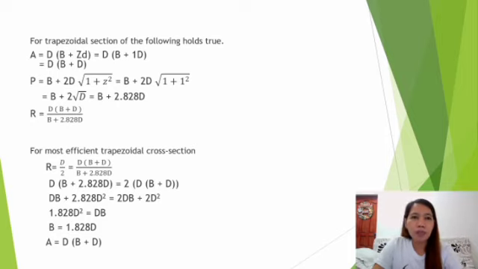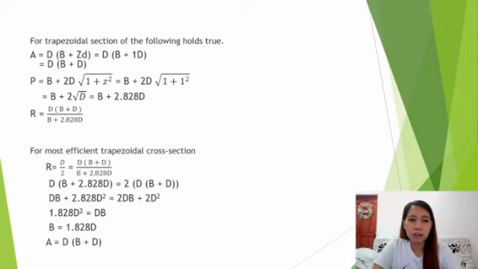Since it's going to be a trapezoidal section, from the given table for the design parameters, we have the cross-sectional area for a trapezoidal section and also the wetted perimeter with a given equation.